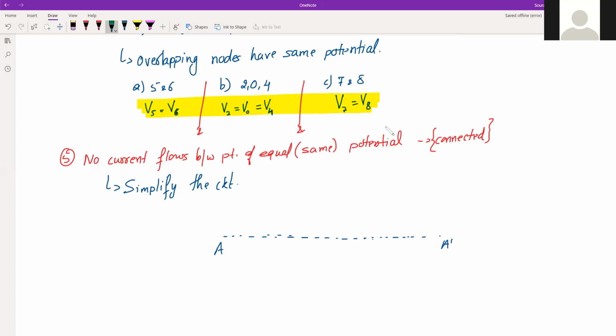There was a resistor going from here to here, and then here there were two resistors, one coming to this point, and another going in the same direction. I hope you remember, right? This is your point 2, this is 0. This was having resistor R, and all resistances are actually R, so I'll just write it like that.